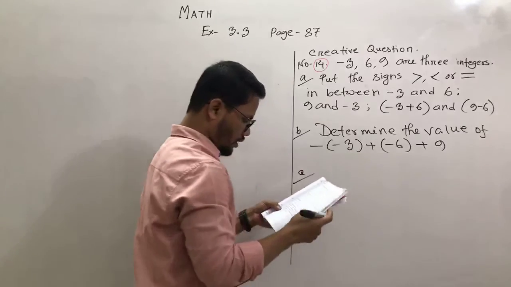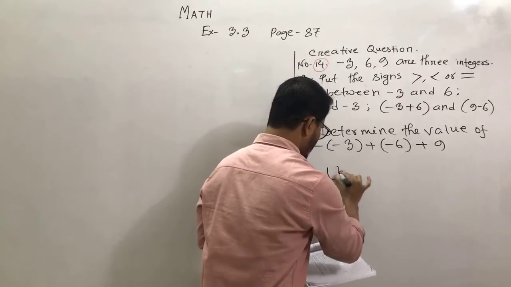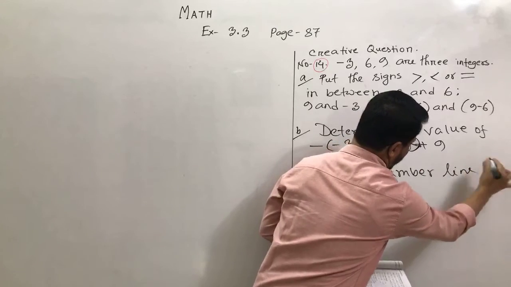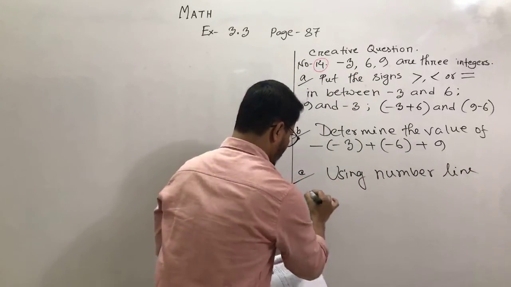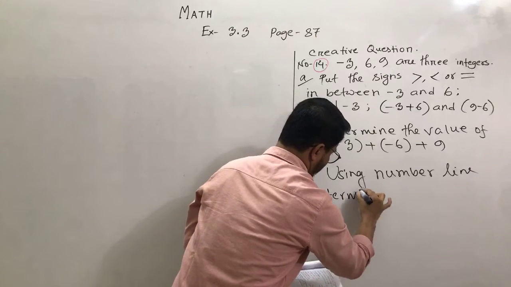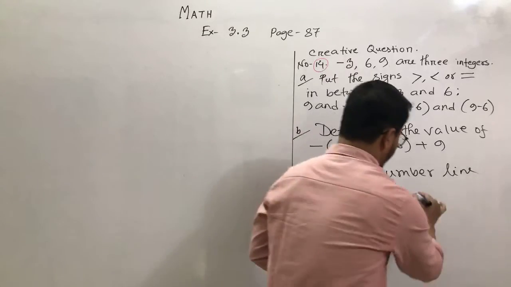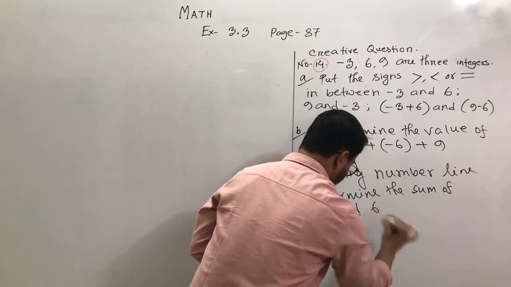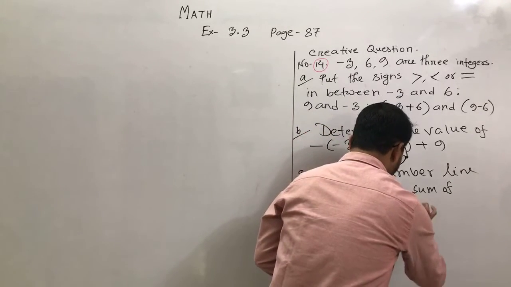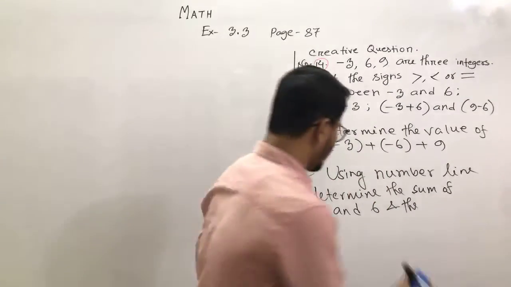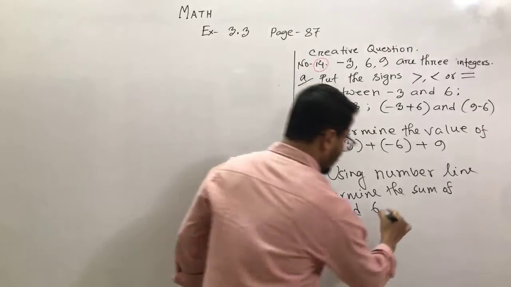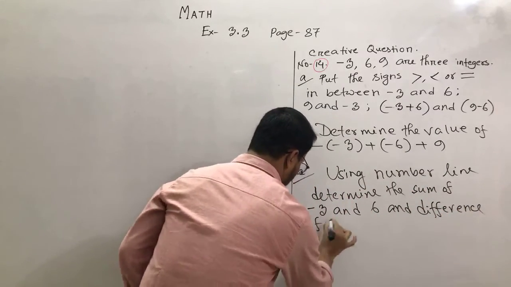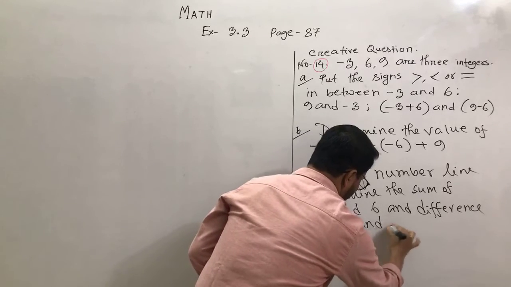Then question number C: using the number line, determine the sum of -3 and 6, and the difference of 9 and 6.